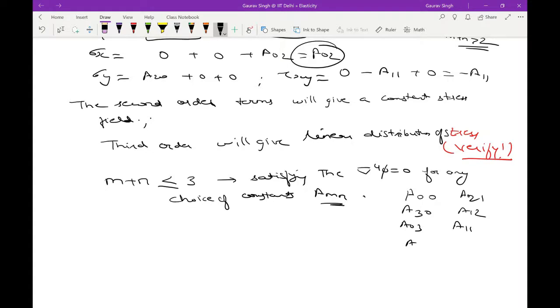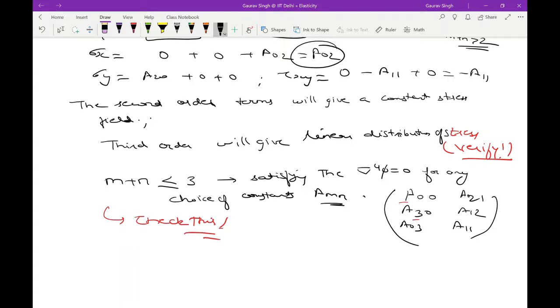So terms like this, they will all satisfy the biharmonic equation. Check this. All you have to do is take up a few of these terms as phi, and then just see whether the biharmonic equation is satisfied.